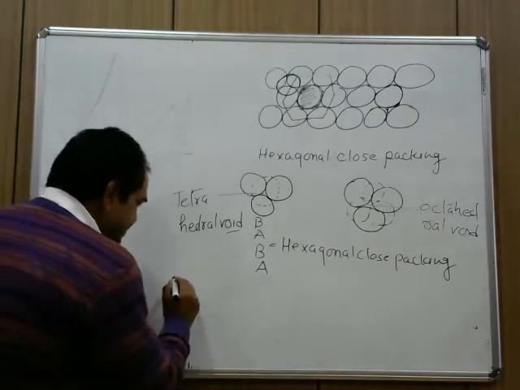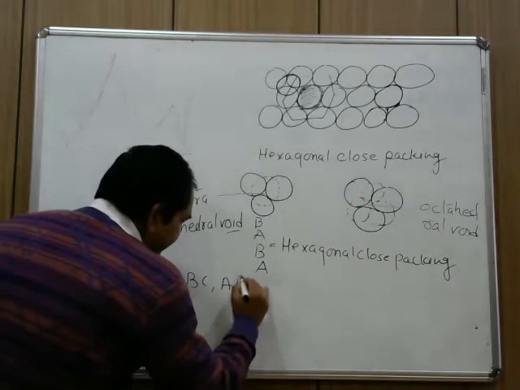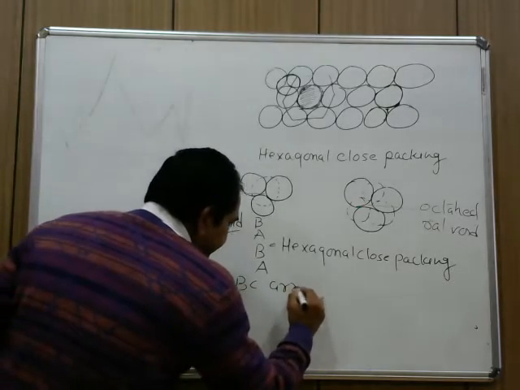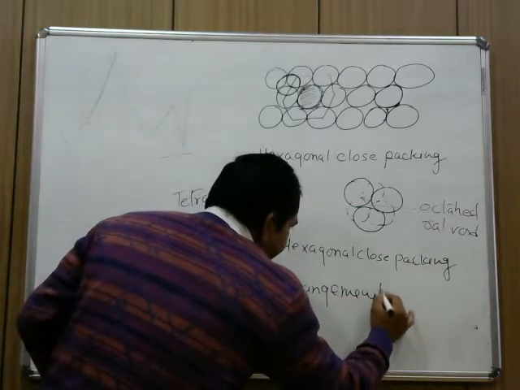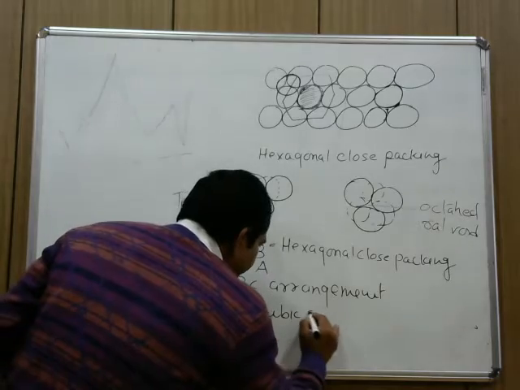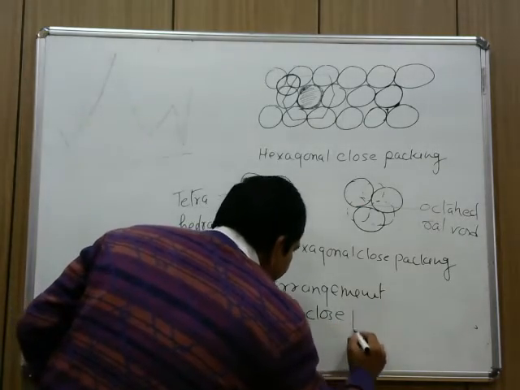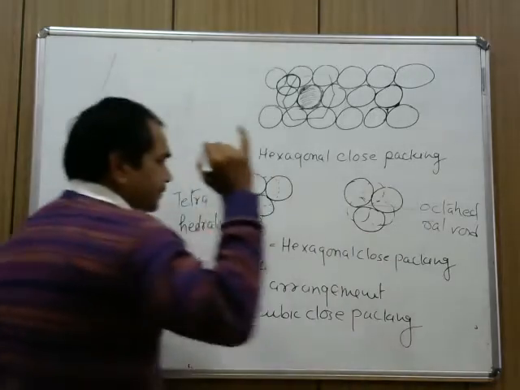This is called an ABC arrangement, or cubic close packing.